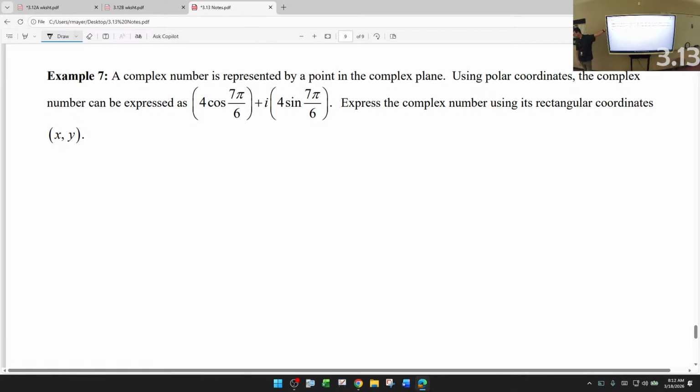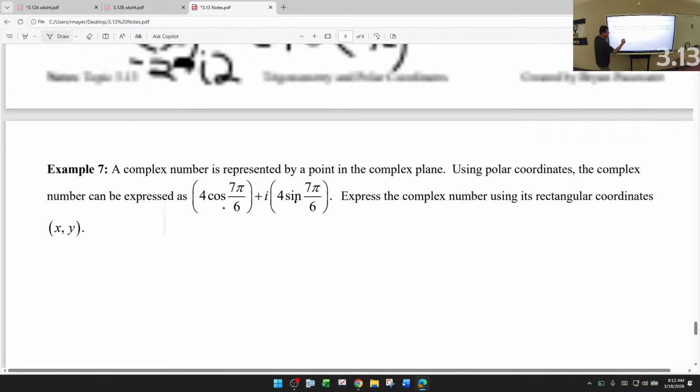Gentlemen. R cosine theta plus I R sine theta. Express it using rectangular.